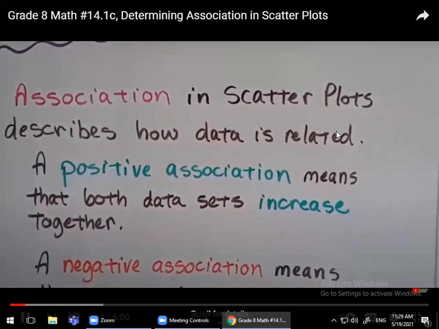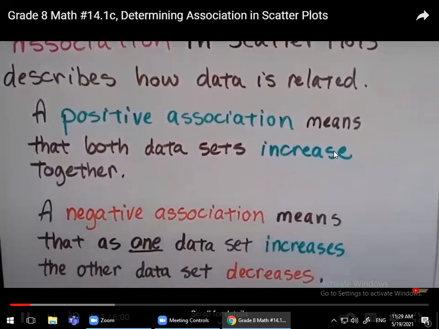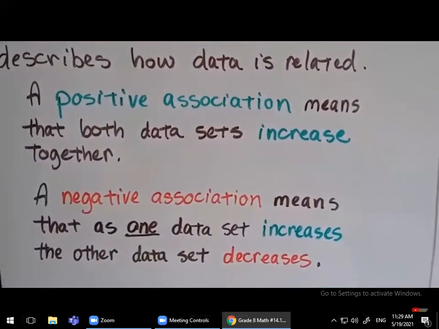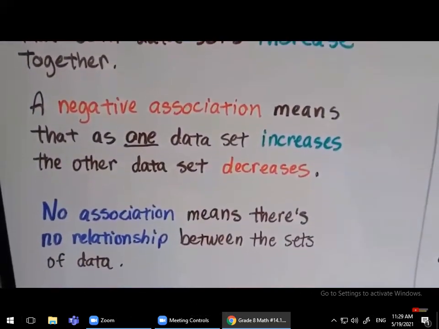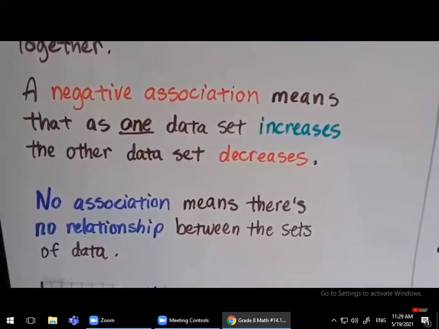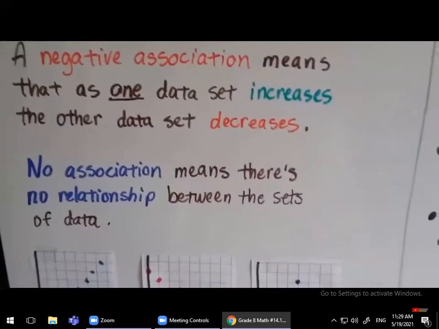Negative association means that as one data set increases, the other decreases. No association means there is no relationship between the sets of data.